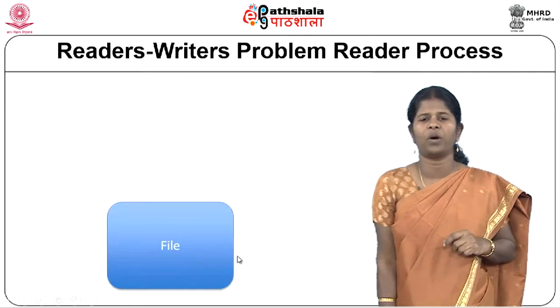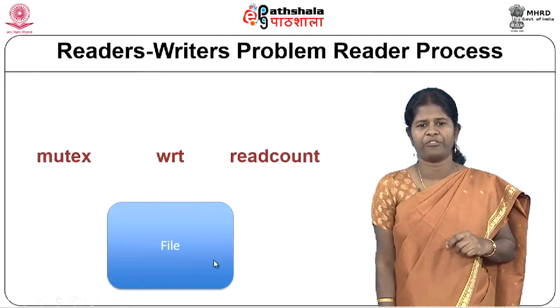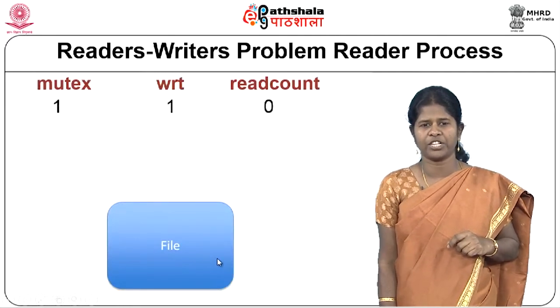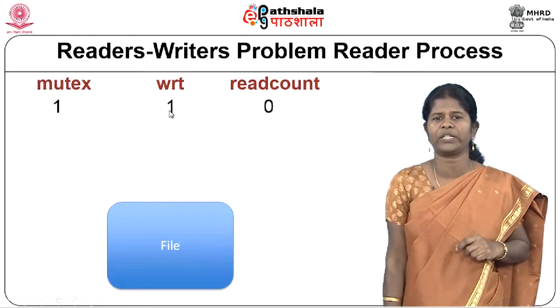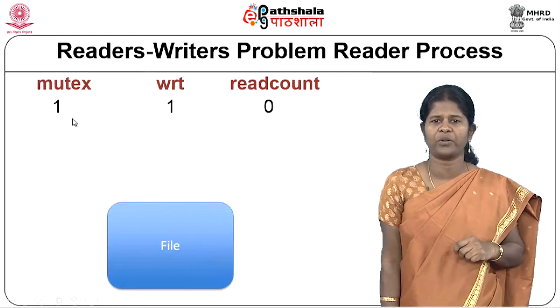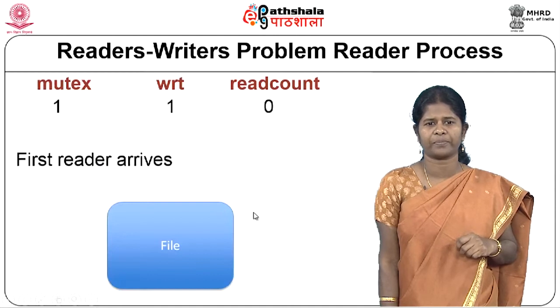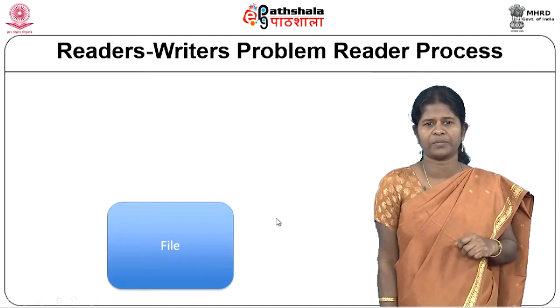We will see how reading can be done from a file. So, initially you have the semaphores WRT equal to 1, mutex equal to 1, read count equal to 0, and the first reader arrives.